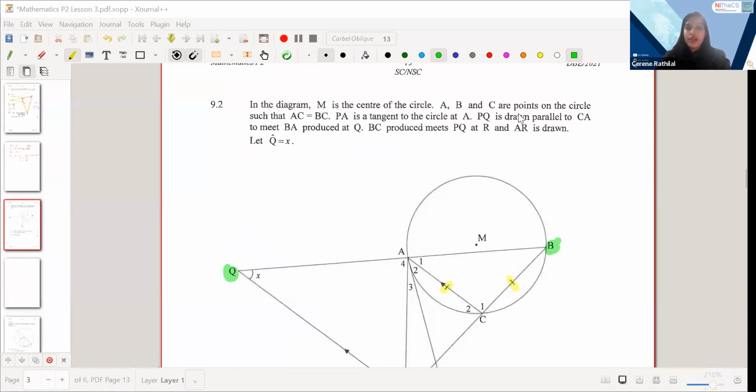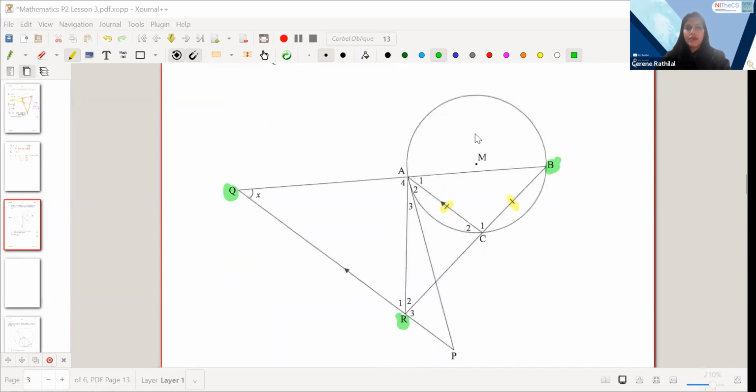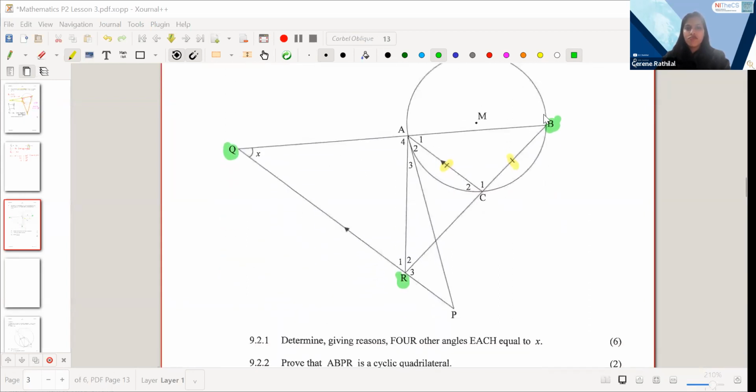Okay. So we've got that bit, and we're also told that BC is produced and it meets PQ at R. Ah, there we go. So yes, we had seen that. So here is BC.